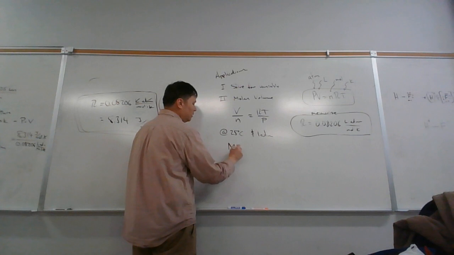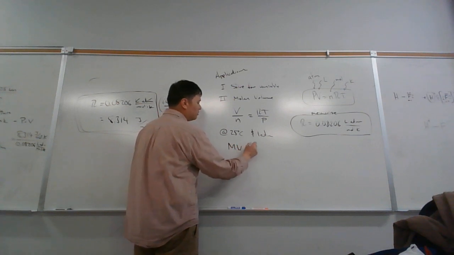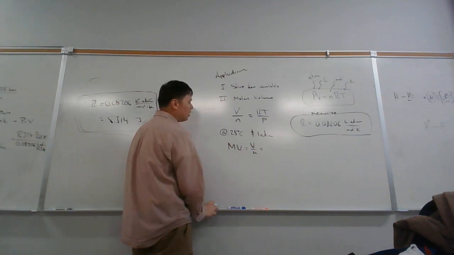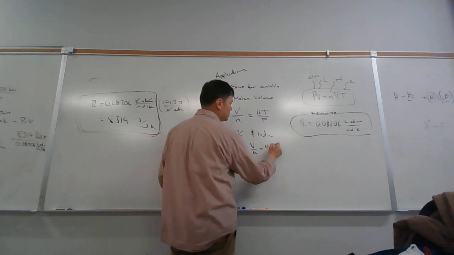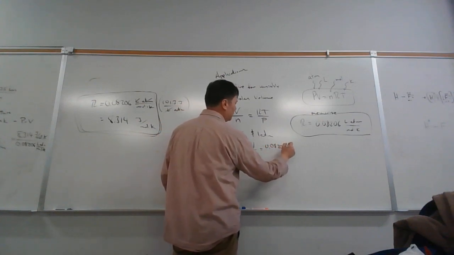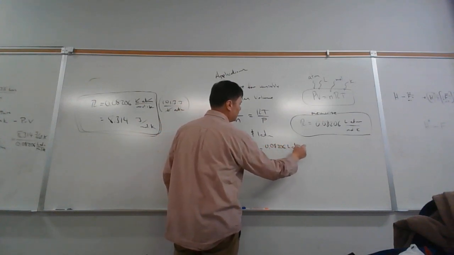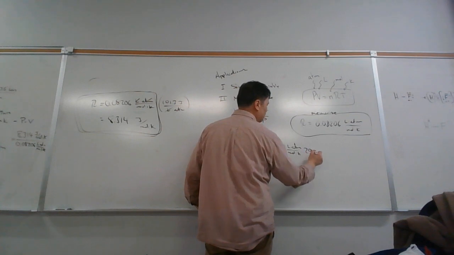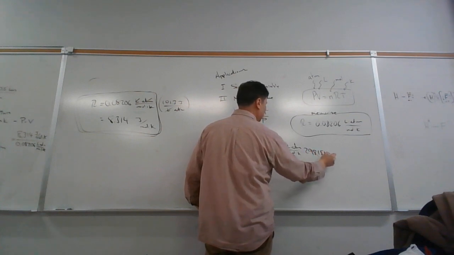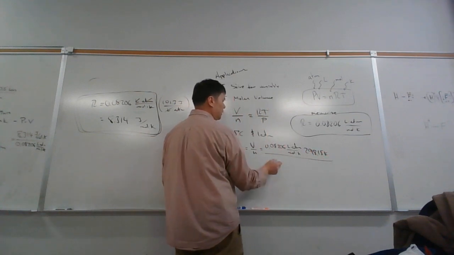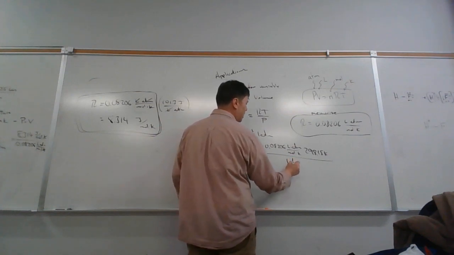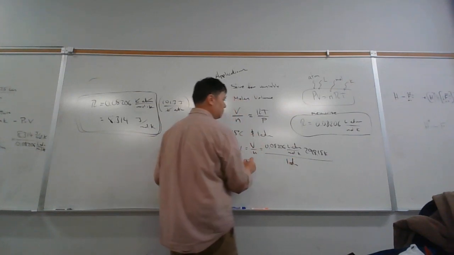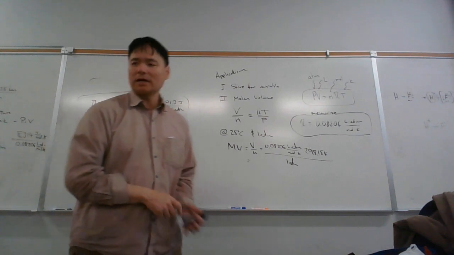The molar volume, I'm just going to call it Vm, which is equal to V over N, which is equal to R, 0.08206 liter atmospheres per mole Kelvin, times T, which is 298.15 Kelvin, divided by P, which is exactly 1 atmosphere. And so what does that come out to?